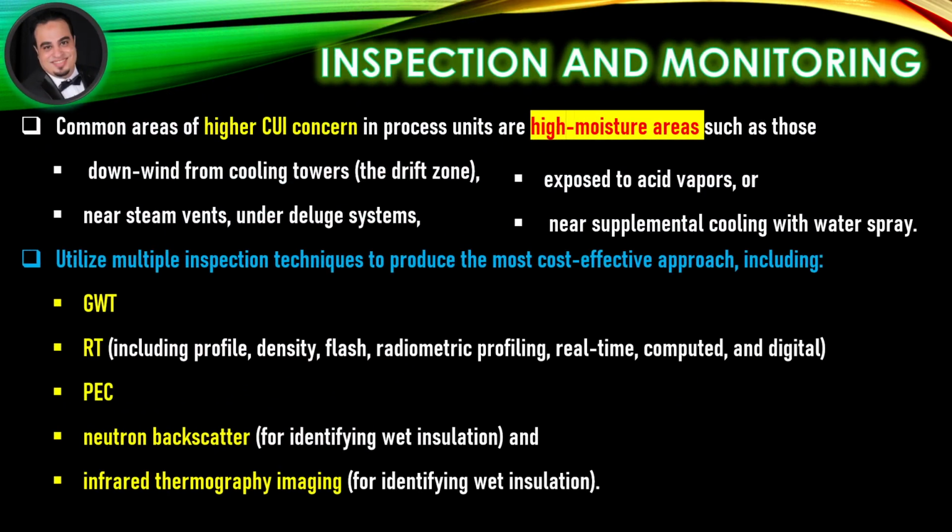Common areas of higher corrosion under insulation concern in process units are high moisture areas such as those downwind from cooling towers, the drift zone, near steam vents, under deluge systems, exposed to acid vapors, or near supplemental cooling with water spray.